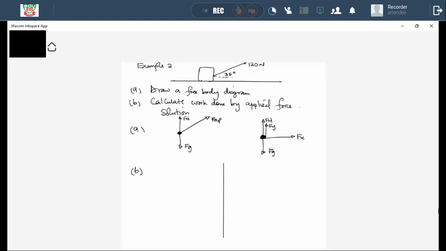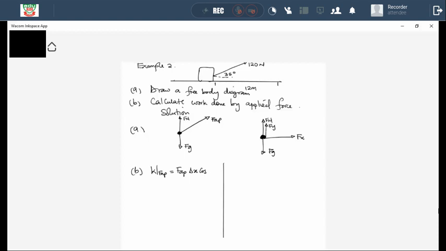I'm going to calculate work done by applied force using the first free body diagram and then using the second free body diagram. The first one: work done by force applied is equal to the magnitude of force applied times displacement. I did not indicate displacement on my diagram. It's fine. Let's say this object moved for 12 meters.